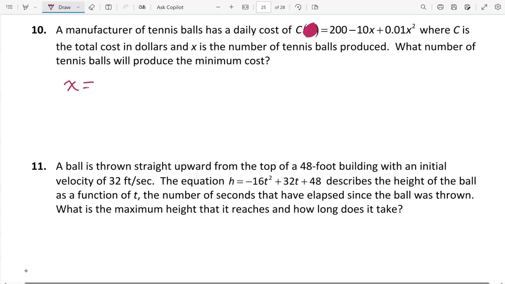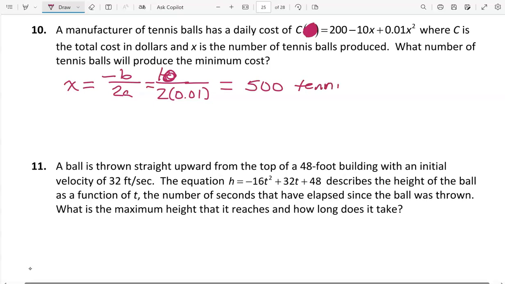So that vertex of this parabola is going to happen at x equals negative b divided by 2a. And so that will be the opposite of b, which is positive 10, divided by 2 times a, which is 2 times 0.01, and we can do that calculation. And 10 divided by 2 times 0.01 gives us a result of 500 tennis balls, since x is the number of tennis balls produced.